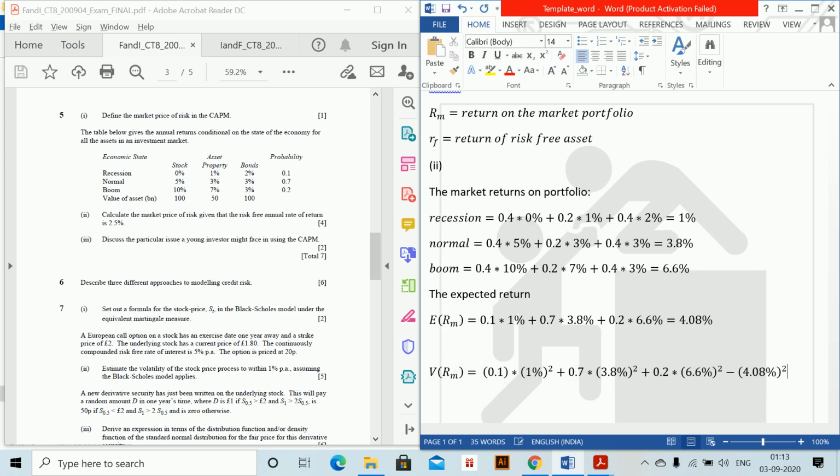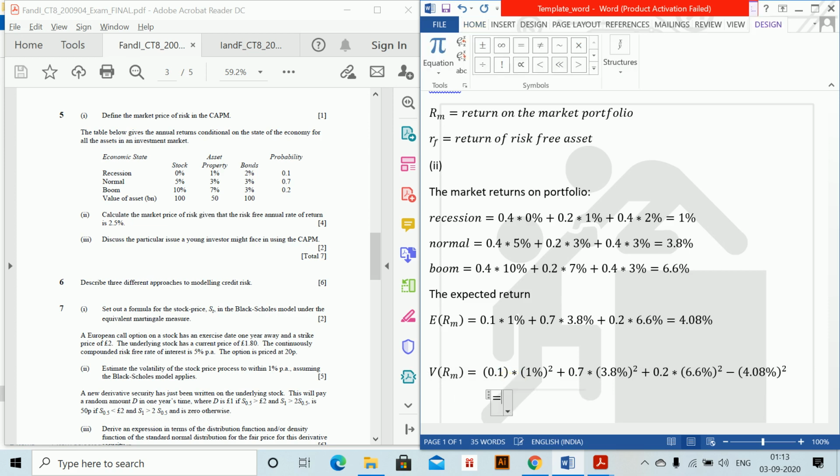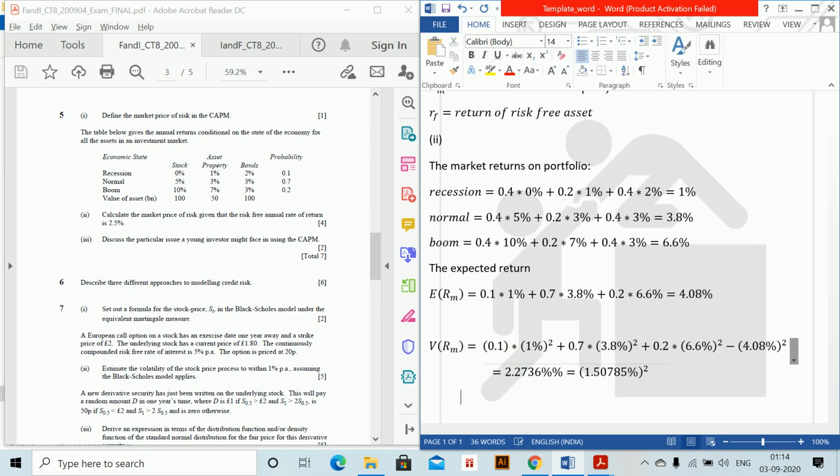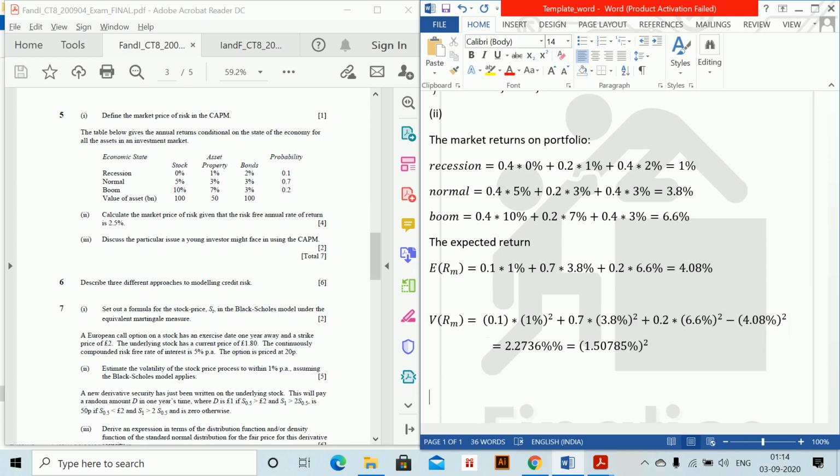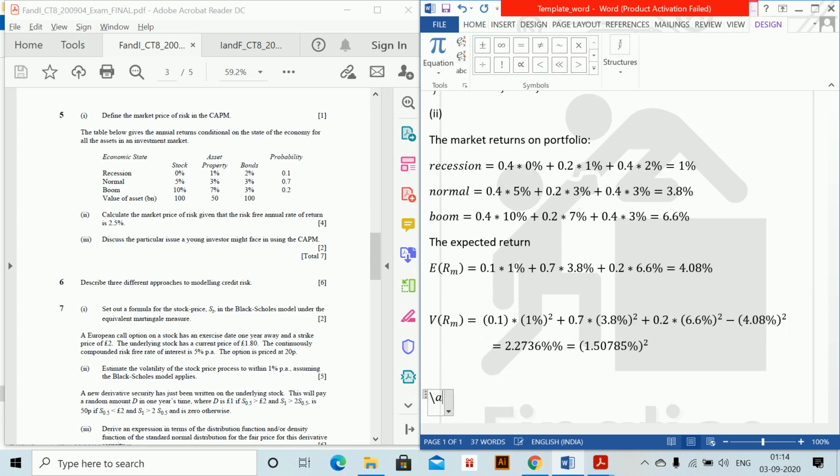Okay, so this comes to 2.2736%, which is also 1.50785% squared.